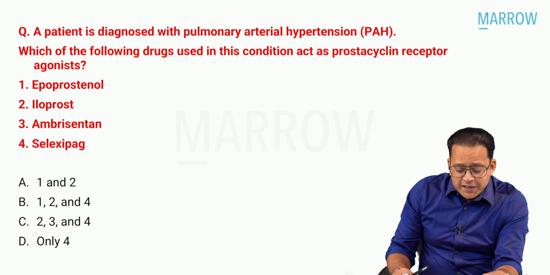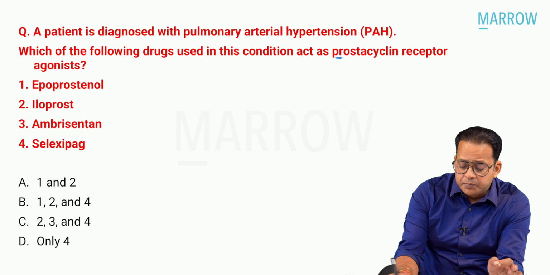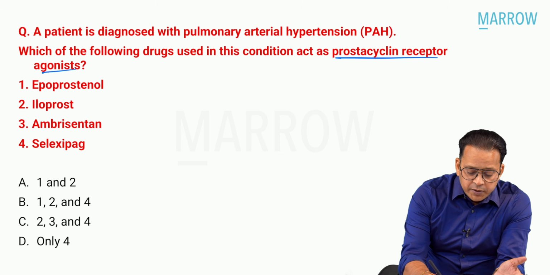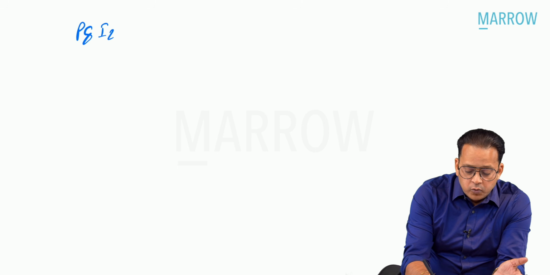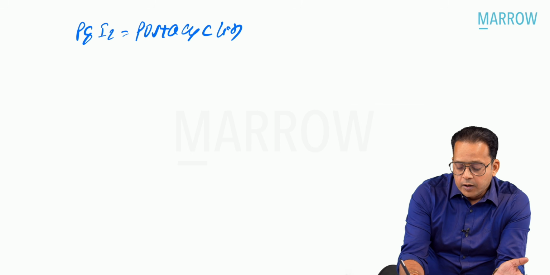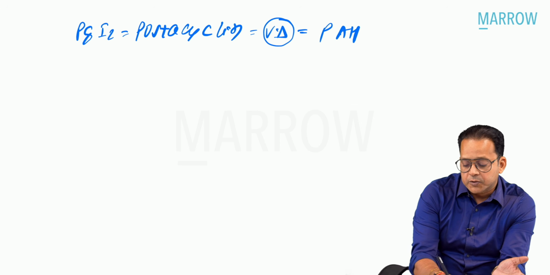Another multiple option correct. A patient is diagnosed with pulmonary artery hypertension. Which of the following drugs used in this condition acts as a prostacyclin receptor agonist? All right. So let me tell you a little bit about the prostaglandin I2, also known as prostacyclin. And these are vasodilators. They are used in pulmonary artery hypertension.